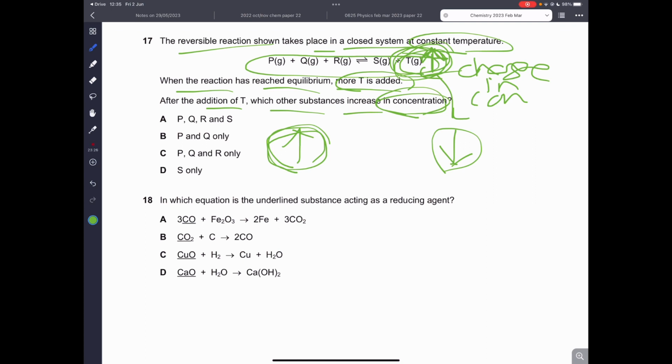And that is how concentration in equilibrium works. If the concentration of one side increases, it is going to oppose the change and go the other direction and increase the other side. So the P, Q, and R are going to get increased. So C is the correct answer.